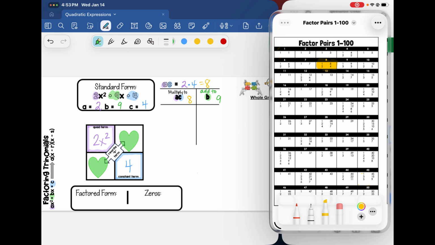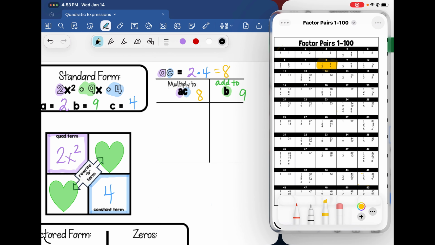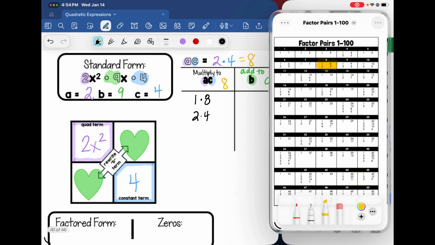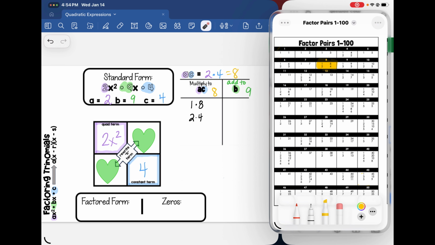So numbers that multiply to positive 8 are 1 times 8 and 2 times 4. Either way, they're going to multiply to a positive 8, but I want them to add to a positive 9. So what is 1 plus 8? 1 plus 8 is equal to 9, and 2 plus 4 is equal to 8.